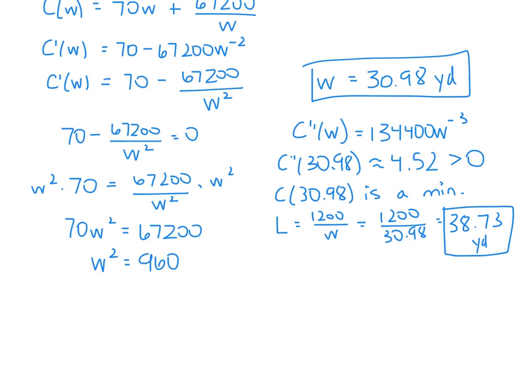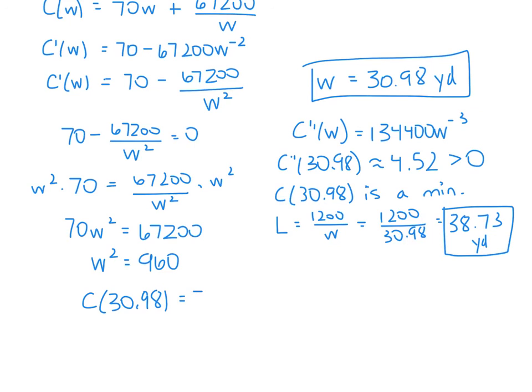So now we have our width and our length for the dimensions to minimize cost. Now to find out what that minimal cost actually is, we can plug our W into our cost function. Since our cost function was expressed in terms of W, we plug 30.98 in.